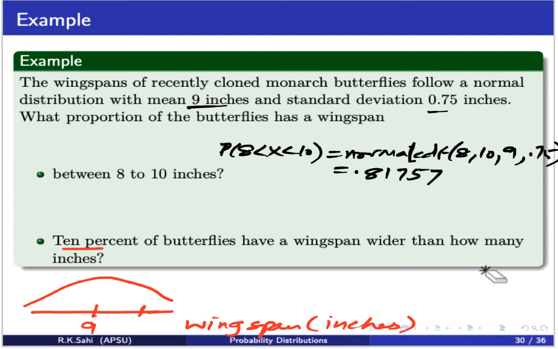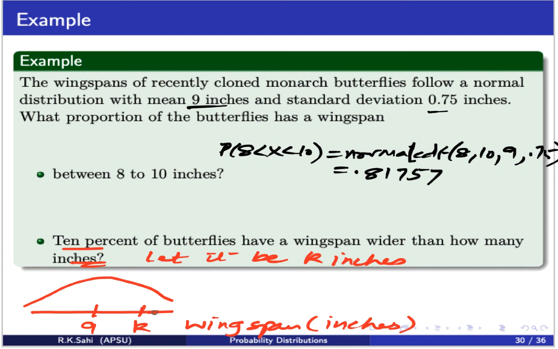Suppose this wingspan is k inches. Now it says 10% have a wingspan wider than these inches. That means 10% is this area.